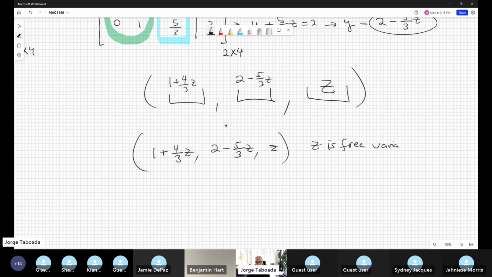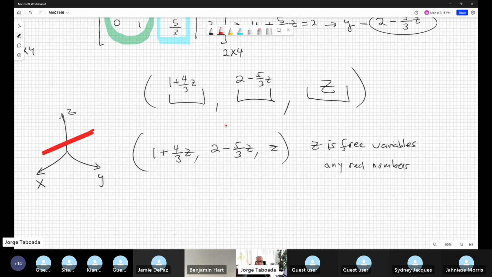Okay, a free variable is equivalent to saying any real number. Infinity. By the way, this solution set, in the three-dimensional space x, y, and z, I am 100% sure can represent a line.